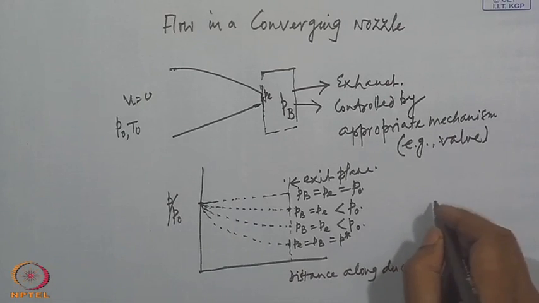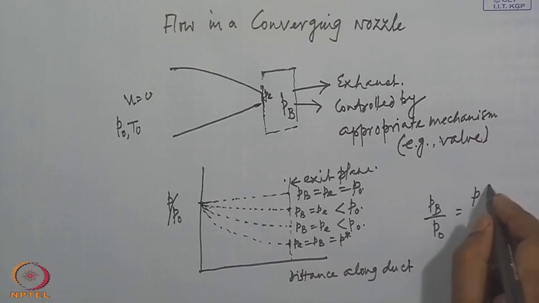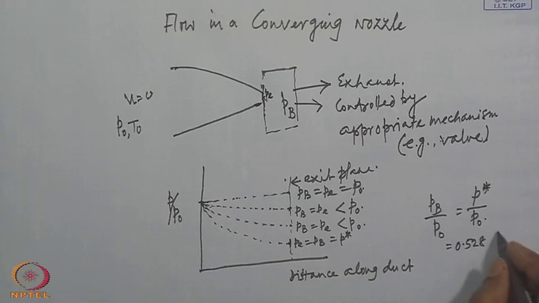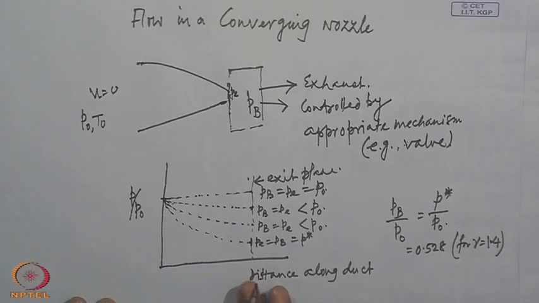So, corresponding to P b by P 0 equal to P star by P 0, which we know is equal to 0.528 for a perfect gas with gamma equal to 1.4, if this P b by P 0 value is brought down to 0.528, then the flow velocity at the exit plane will reach sonic, and that is the maximum speed that can be achieved in a converging duct.